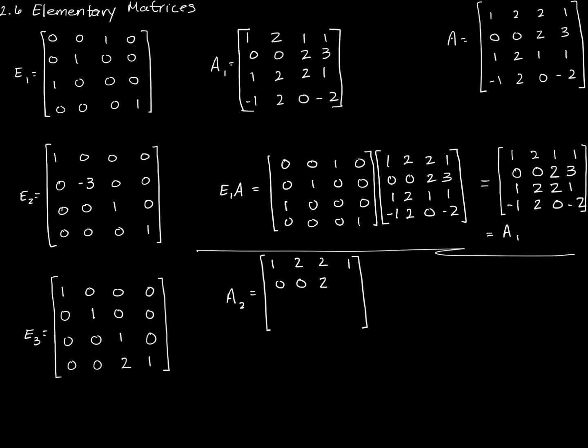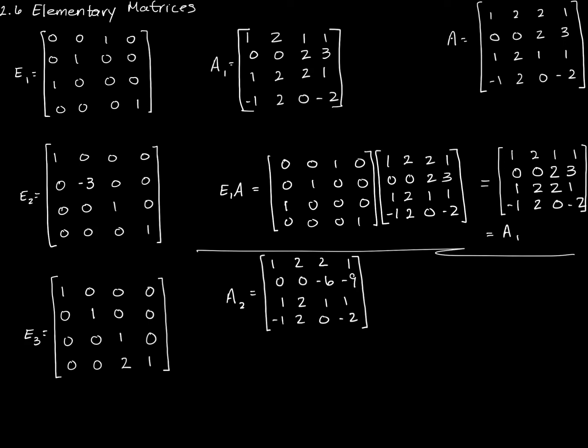This is actually A: 1, 2, 1, 1, and -1, 2, 0, -2. And this is not the right row 2, because that's from matrix A, 0, 0, 2, 3. If I do the operation directly on matrix A, what will I get if I multiply row 2 in matrix A by -3? And the answer is 0, 0, -6, -9.